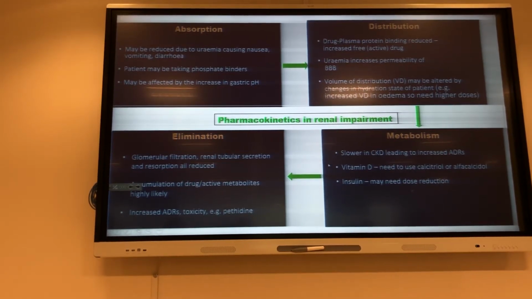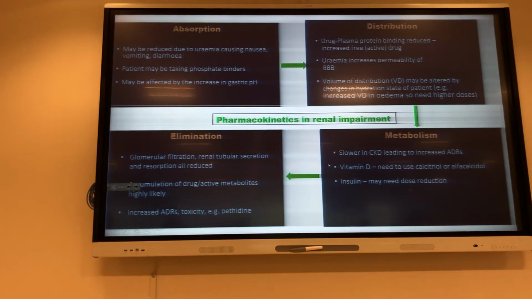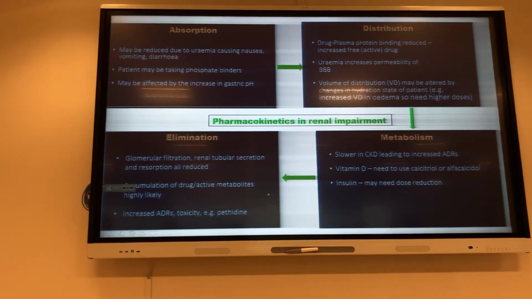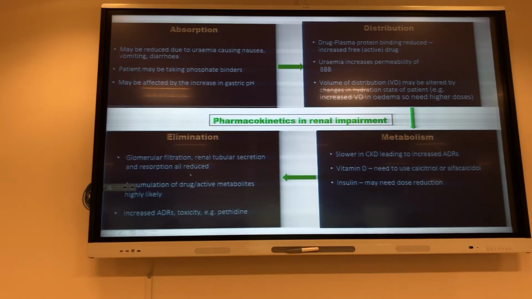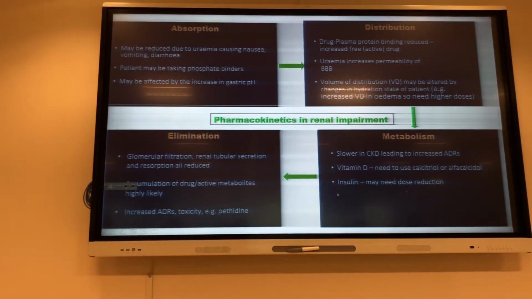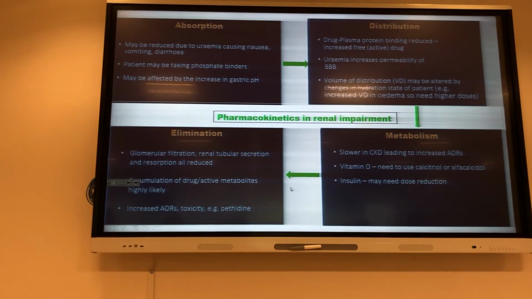Thus we need to reduce the dose to prevent hypoglycemia in patients who have renal failure as well as diabetes. Elimination in general is reduced in renal patients, so accumulation of drugs and active metabolites is highly likely, and this will increase adverse drug reactions like toxicity, for example with phenytoin, because it has a narrow therapeutic index.